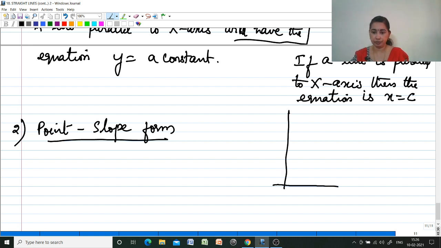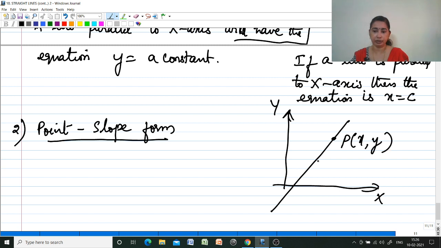If this is the x-axis and y-axis, and a line is given here, let the point on this line be P of x comma y. Another point is P naught of x naught comma y naught, or x1 comma y1. We'll take it as x1 comma y1. Then the slope of this line is given as m.